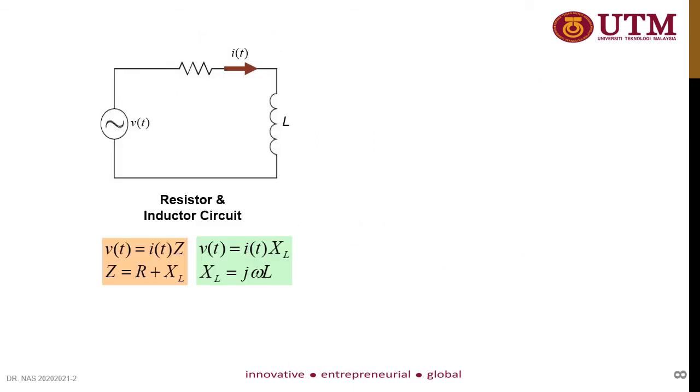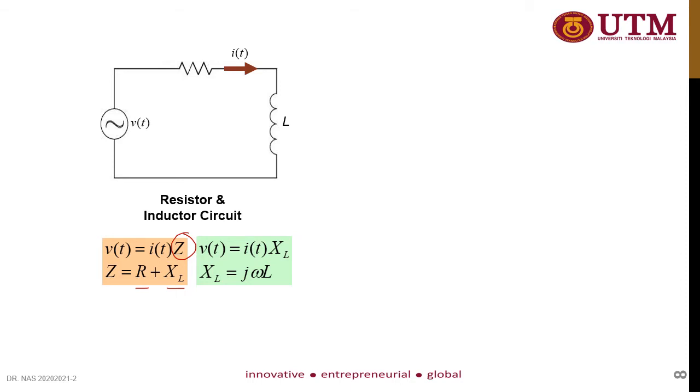Okay, when you have a combination of more than one passive component inside a circuit, you need to consider the orientation of the components, whether they are in series or in parallel. For example, in this case, you have the resistor in series with the inductor. So the total impedance Z is equal to R plus XL.